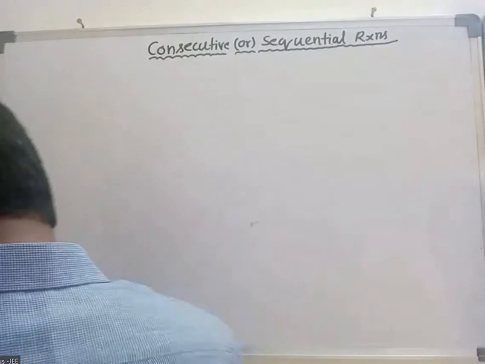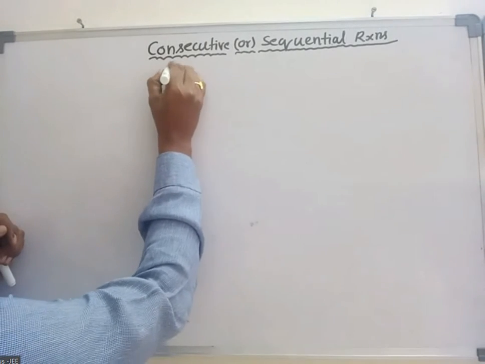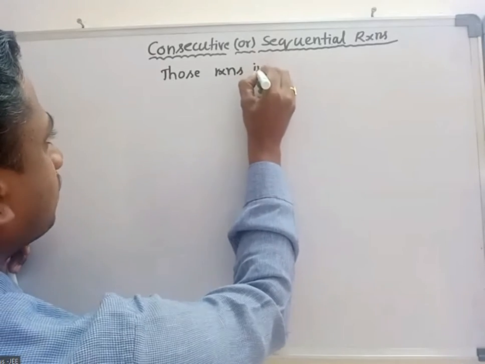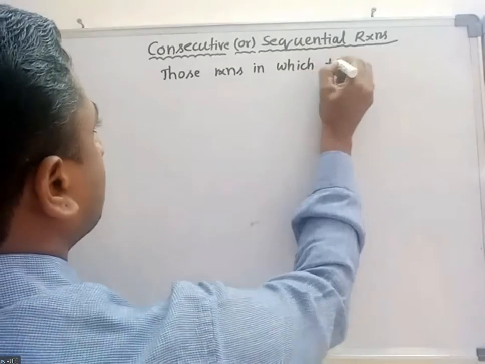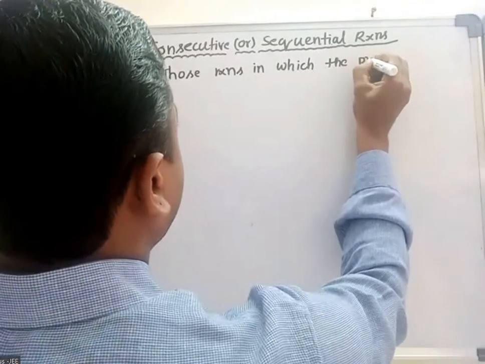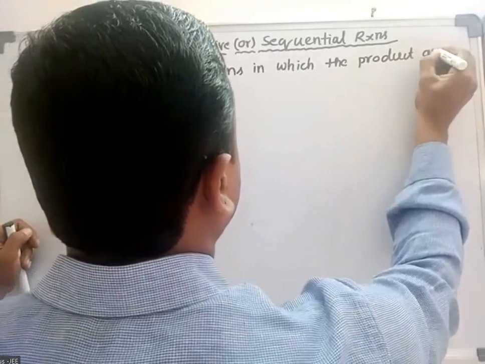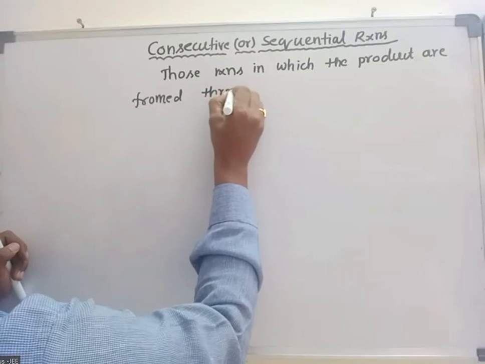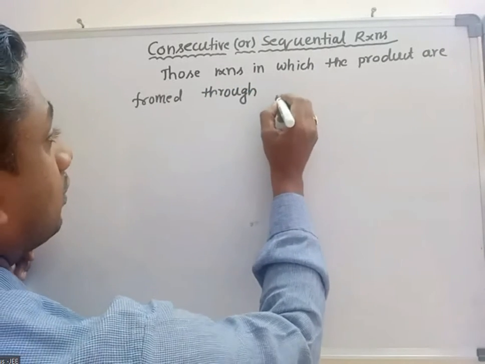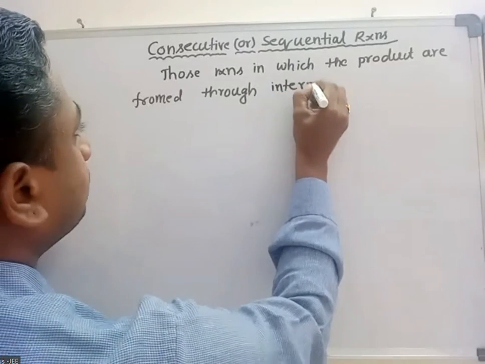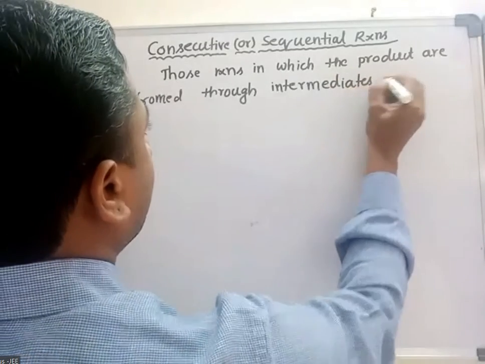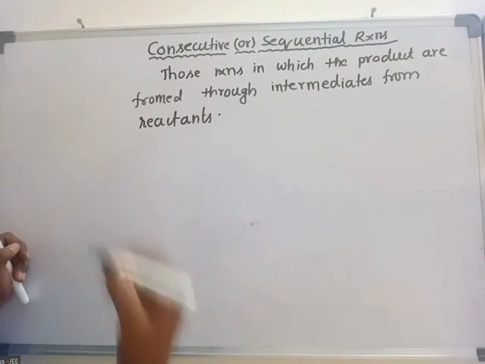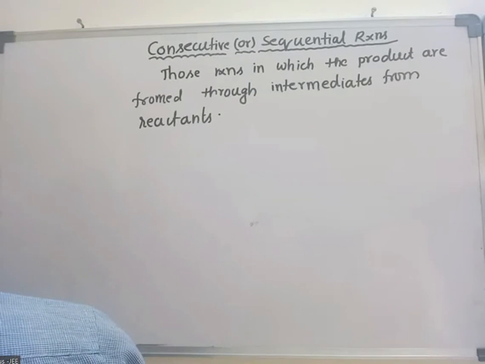Those reactions in which the products are formed through intermediates from reactants, such type of reactions are called consecutive reactions.